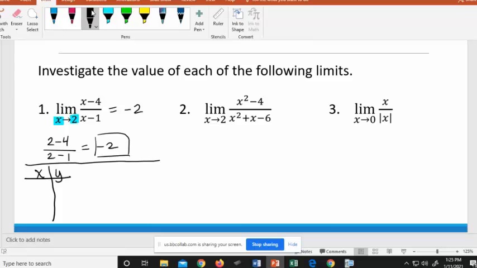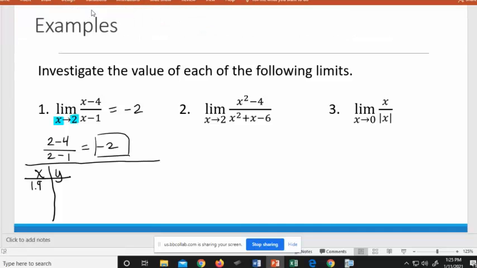So 1.9, 1.99, 1.999, etc. But also from the other side, this would be from the left-hand side. So from the right-hand side, we could have 2.01 or 2.001, etc. So you're trying to get as close to 2 as possible.